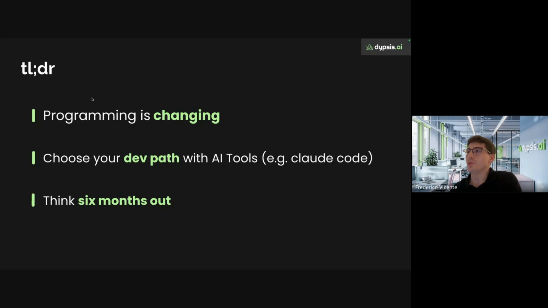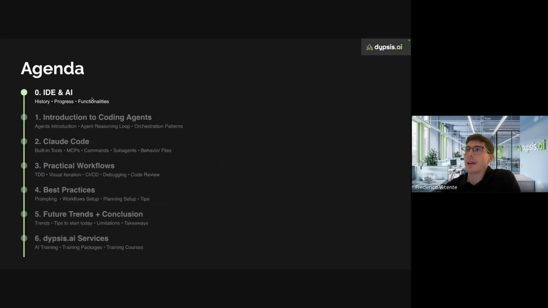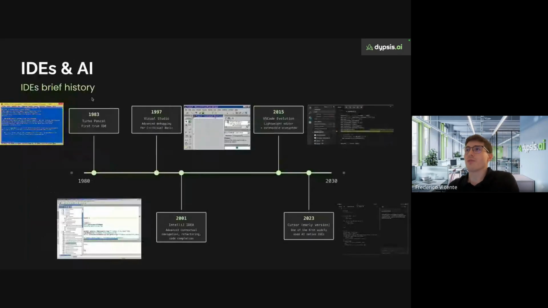So I encourage you, if you're not already using some level of AI productivity apps or AI tools such as Cloud Code, I really suggest you to do so. And I would like you to think about 6 months out, into the future, and really think how productive you might be in 6 months if you start using these tools at the moment. So let's now dive into IDEs, integrated development environments.